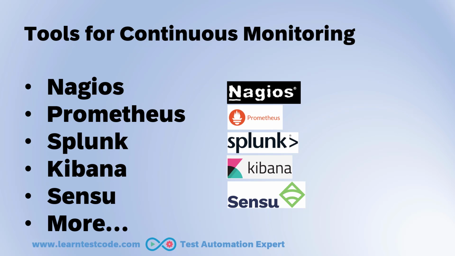Another popular tool is Splunk. Splunk is a paid tool. It makes machine data accessible and usable to everyone. It is a software platform to search, analyze, and visualize the machine-generated data gathered from across the components of IT infrastructure.